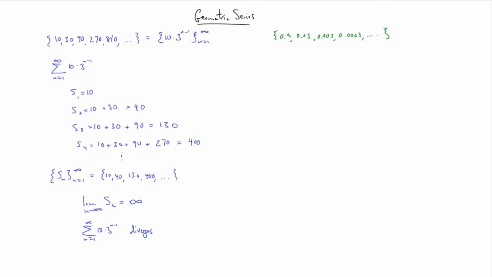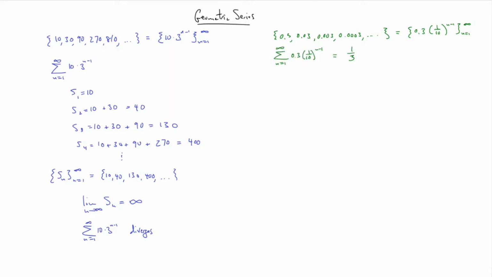On the other hand, we just looked at this sequence, 0.3, 0.03, etc. This is also a geometric sequence. Each term is 1/10 the term before it. And so we can write this in our standard form as 0.3 times 1/10 to the n minus 1 as n goes from 1 to infinity.